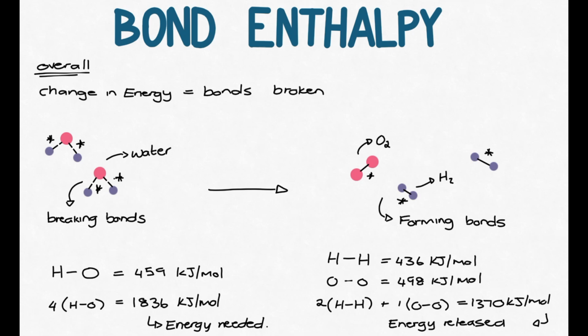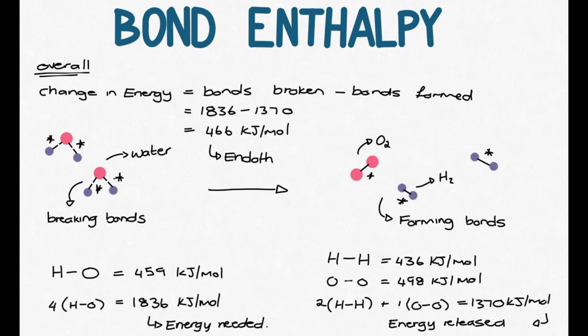So the energy that was needed to break the bonds in the water molecule was equal to 1,836, and then the energy that was released from forming the new bonds between oxygen and hydrogen was 1,370. So if we subtract these 2, we get a final energy value of 466 kilojoules per mole.